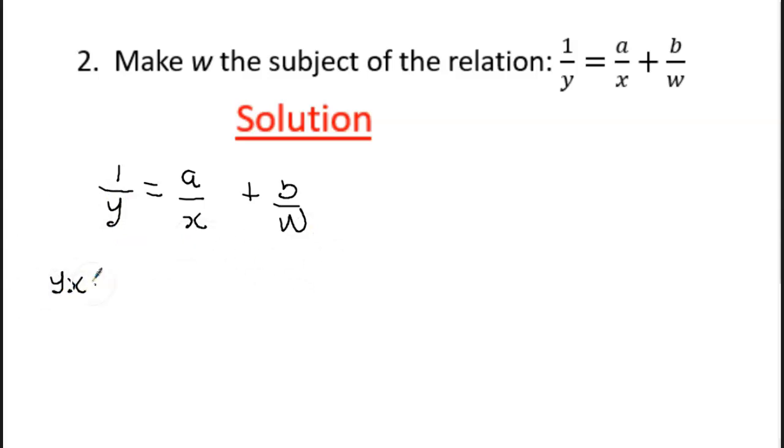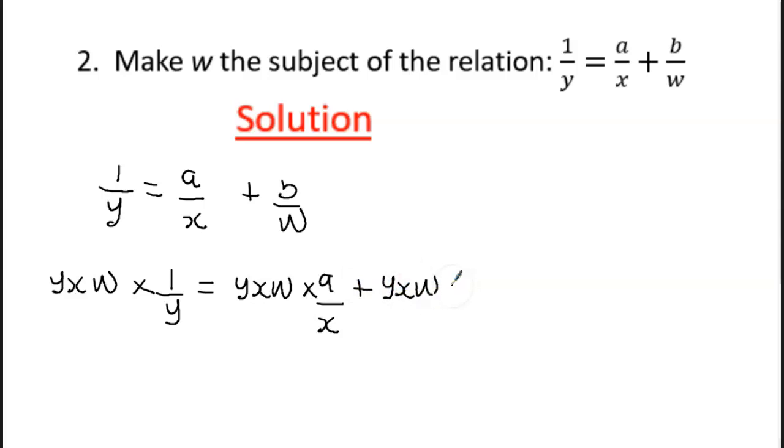y x w times 1 over y is equal to y x w times a over x plus y x w times b over w. So on the left hand side, y will cancel y.